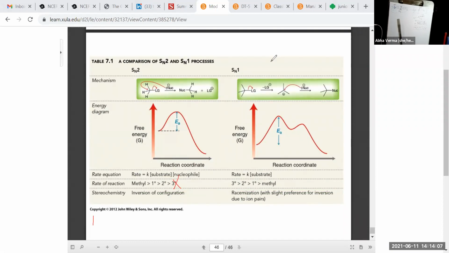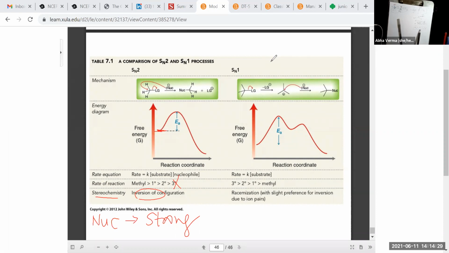What is the nucleophile that you need? You need a very strong nucleophile, negatively charged, smaller in size. What is the stereochemistry for the product that you're going to get? You will get inversion of configuration. Okay.